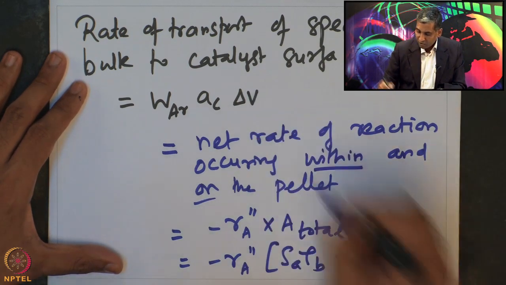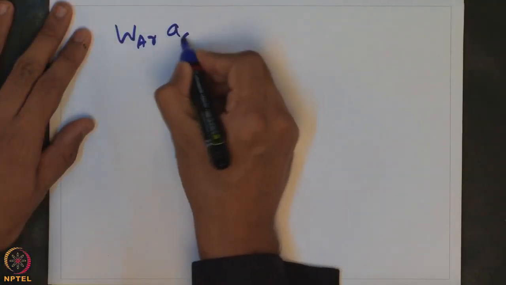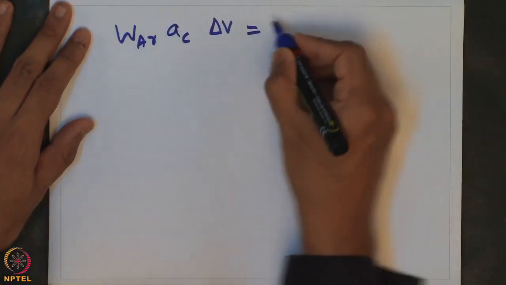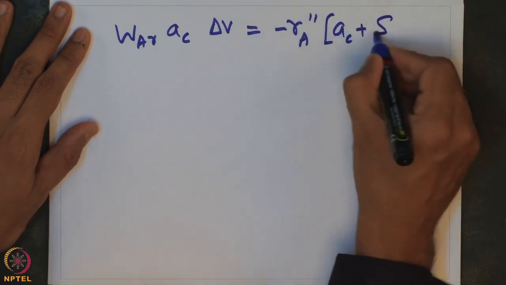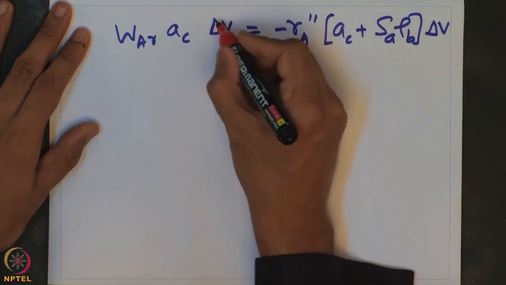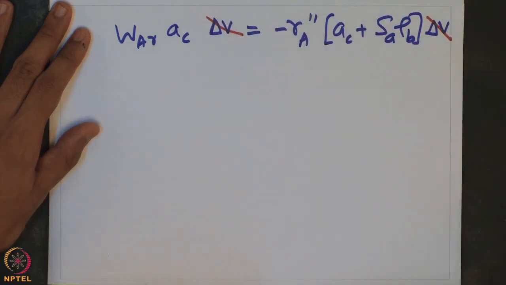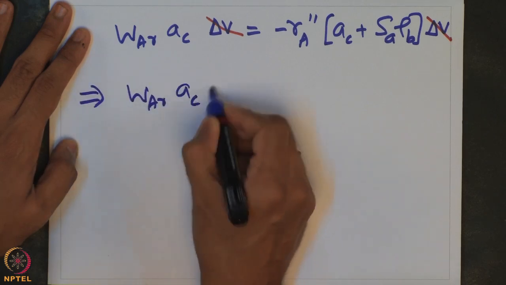Now we can cancel out the volume terms and reduce this equation. So WAR into AC into delta V is equal to minus RA double prime into AC plus SA rho B into delta V, and we can cancel out the volume term here.